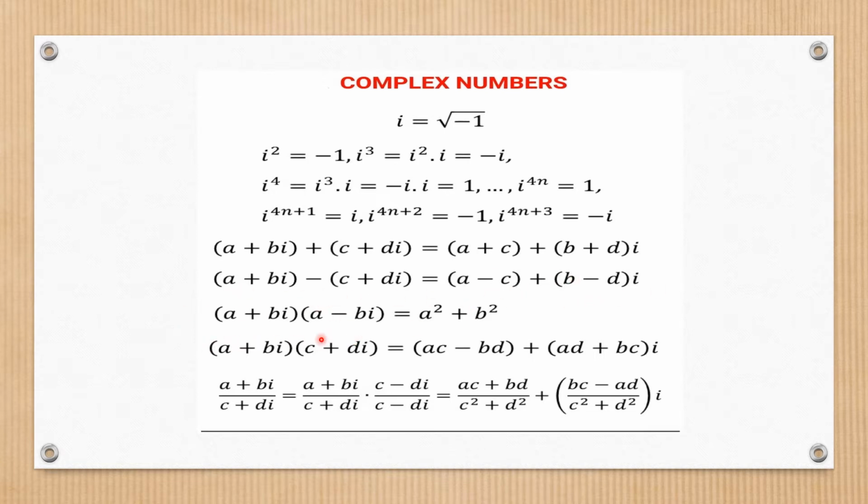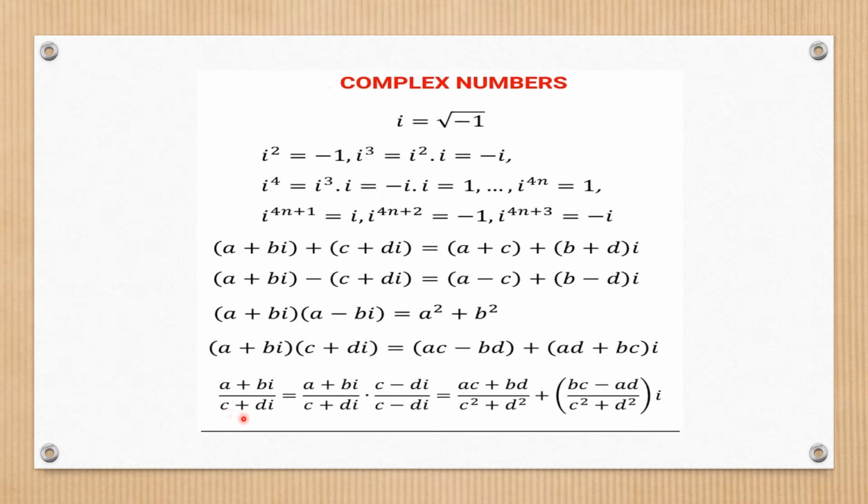The multiplication can be done as follows: (a + bi)(a - bi) is a² - (bi)², so i² will give me -1, so it will be a² + b². Also (a + bi)(c + di) multiplication will be ac + adi + bci + bdi². And after solving, separating real and imaginary parts, we can write it as (ac - bd) + (ad + bc)i.